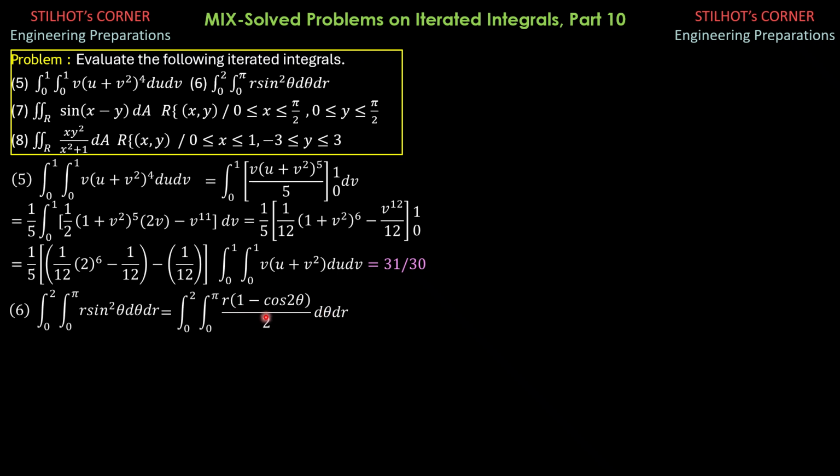Then minus sine of 2 theta over 4, because there is 1 half. Then because of this 2 theta, we introduce another 1 half, so that this is minus sine 2 theta over 4.